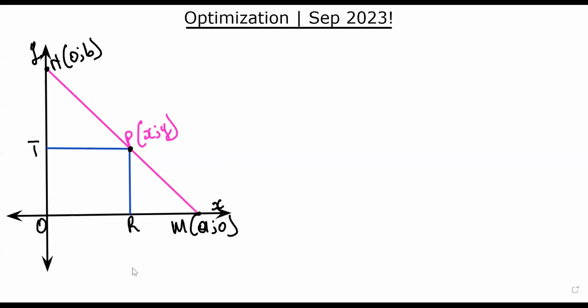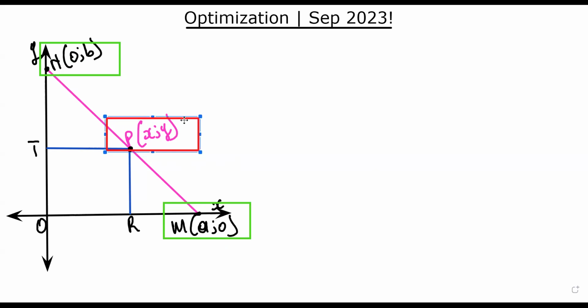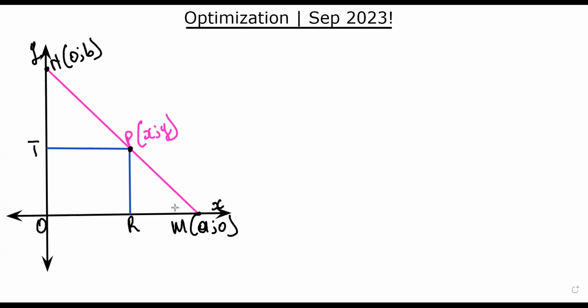In order to find the gradient, we need to use these 2 points, the point N as well as the point M. We can't use the point P to find the gradient because the coordinates of the point P are unknown. Are we fine with that? Of course we are.